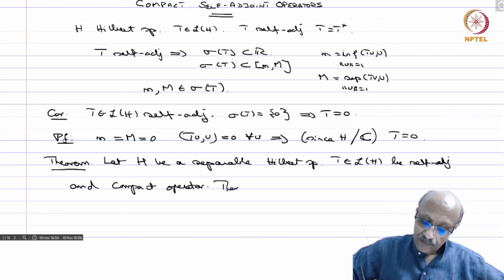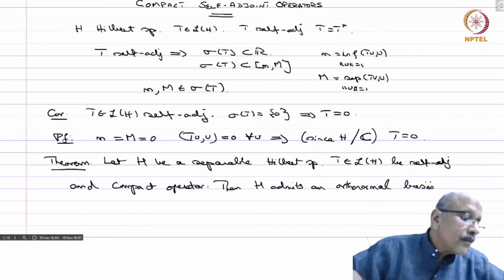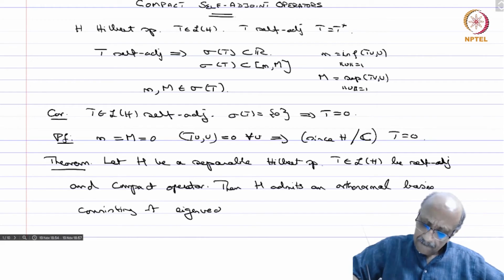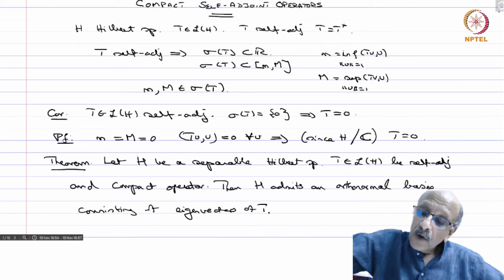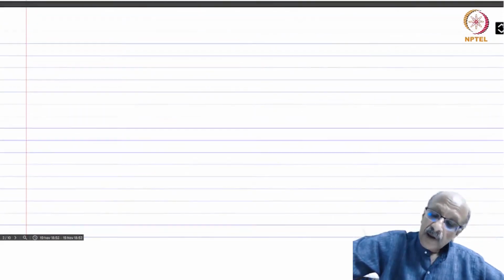Then H admits an orthonormal basis consisting of eigenvectors of T. Okay, and of course it's obviously countable because H is a separable Hilbert space.